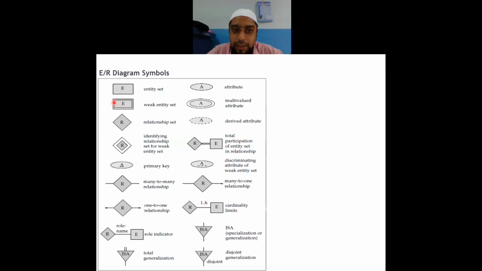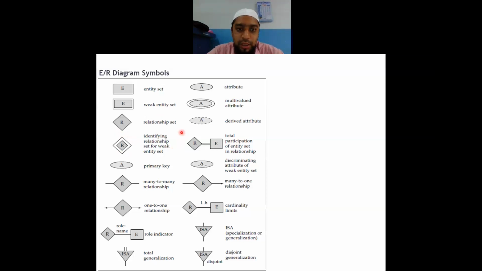So when a double rectangle is being used, we'll use a double rhombus for the identity relationship. But when a dashed rectangle is used, we'll use a dashed rhombus for depicting it. It all depends on our notation. Different companies follow different notational formats. But the basic ones are these, the standard ones.